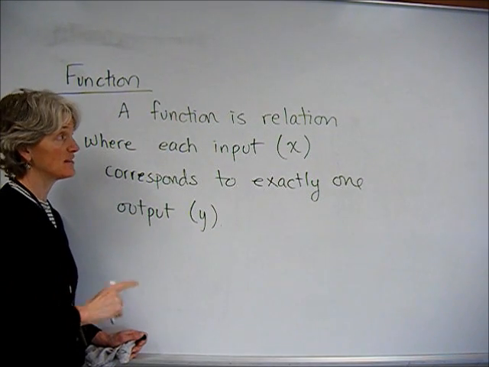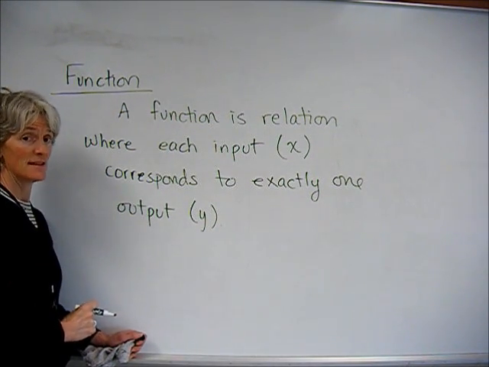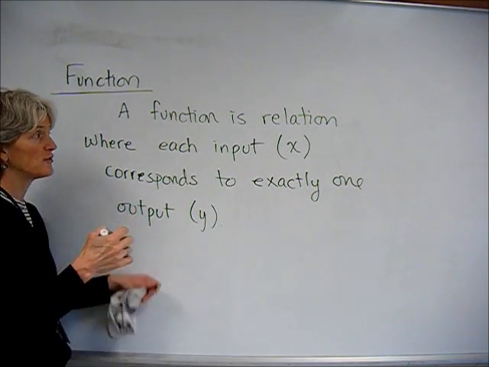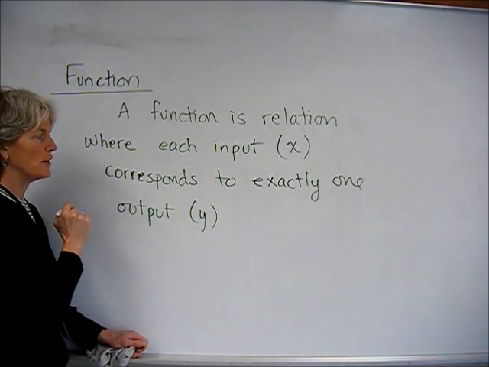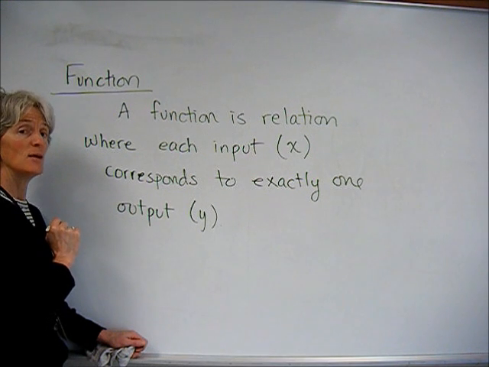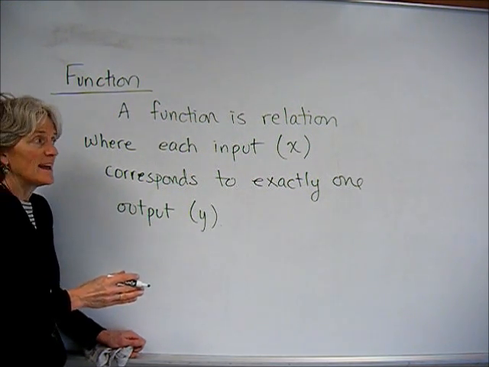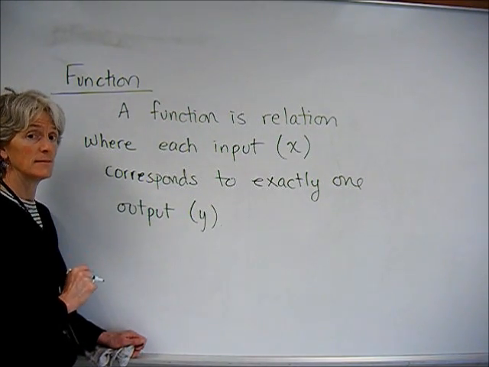If you need to pause this and write that down in your notes. A function is a relation. It's a relationship between two things where each input corresponds to exactly one output. When I put something into a function machine, I get out one thing.